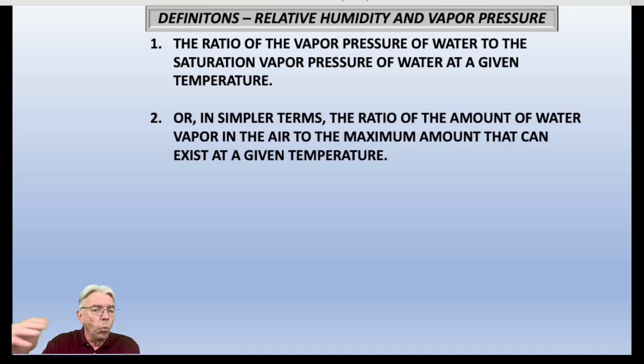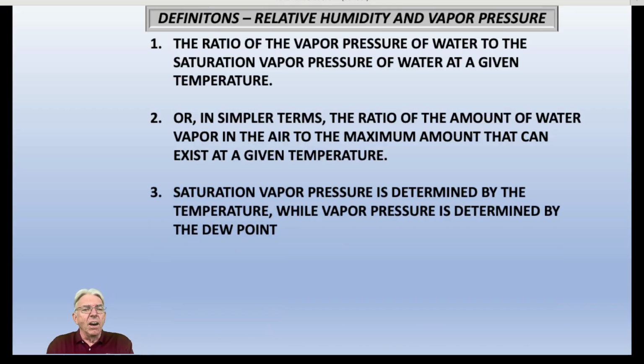And as the temperature warms, there is the capacity for more and more water vapor to exist. We'll get into that as well in just a little bit. So basically, relative humidity is the ratio between how much water vapor is there and how much could be there if it was maxed out at a given temperature. Okay, does that make sense?